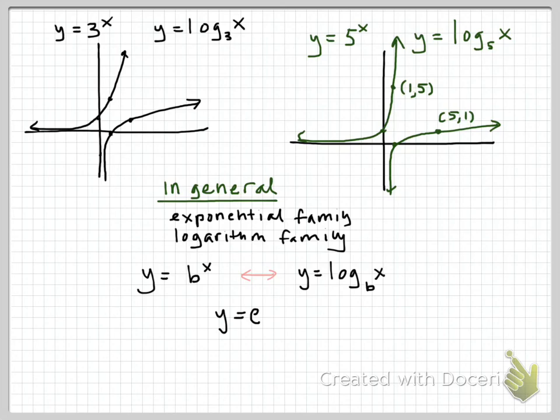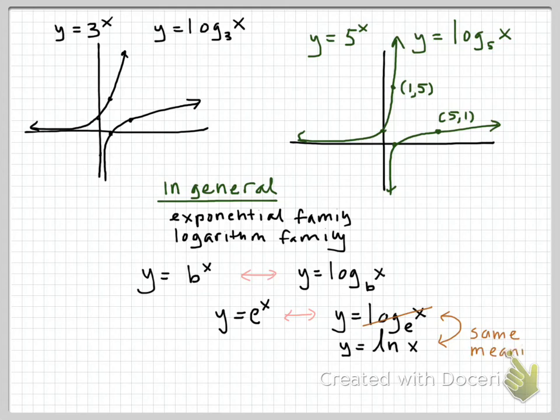In fact, if you're familiar with the function e to the x, a log base e of x exists, and we never call it that. We just call it the natural log of x. So if somebody says they took the natural log, you know they took the log base e of x. It has the same meaning.